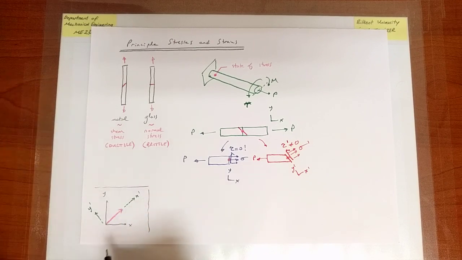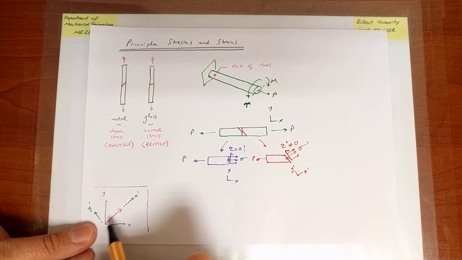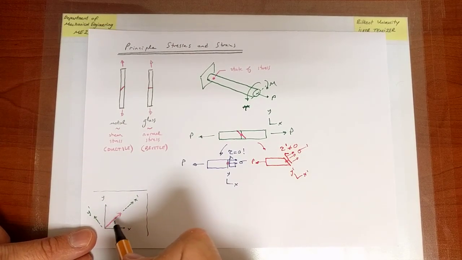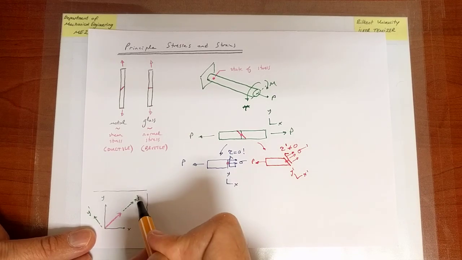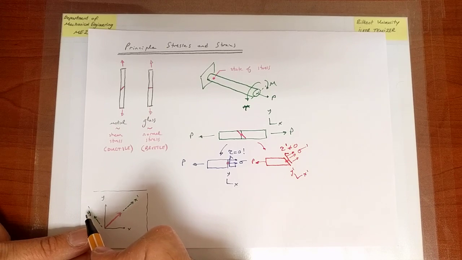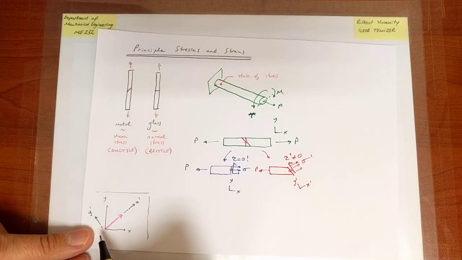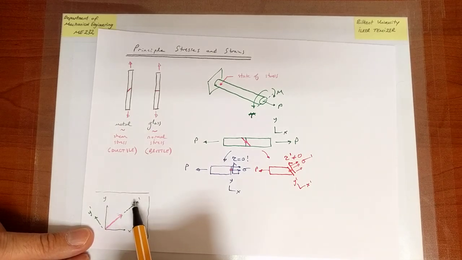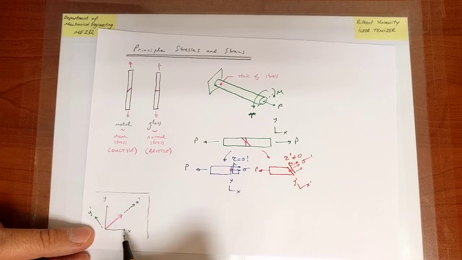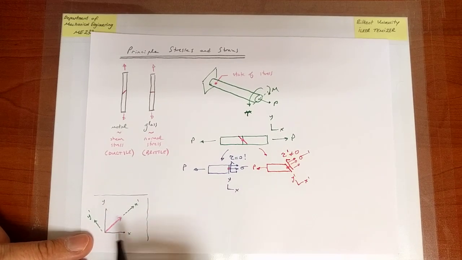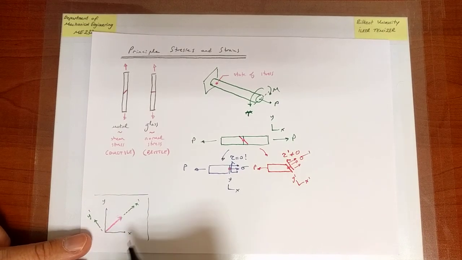Still, they are perpendicular to each other, but now the same vector, the same physical quantity, will have a component along only x prime and not along y prime. So all of a sudden, you have a vector represented with respect to the green coordinate system, which has a component along only one axis, whereas with respect to the original coordinate system, it has components with respect to both axes. So a vector is physical, but its mathematical representation depends on our coordinate system.